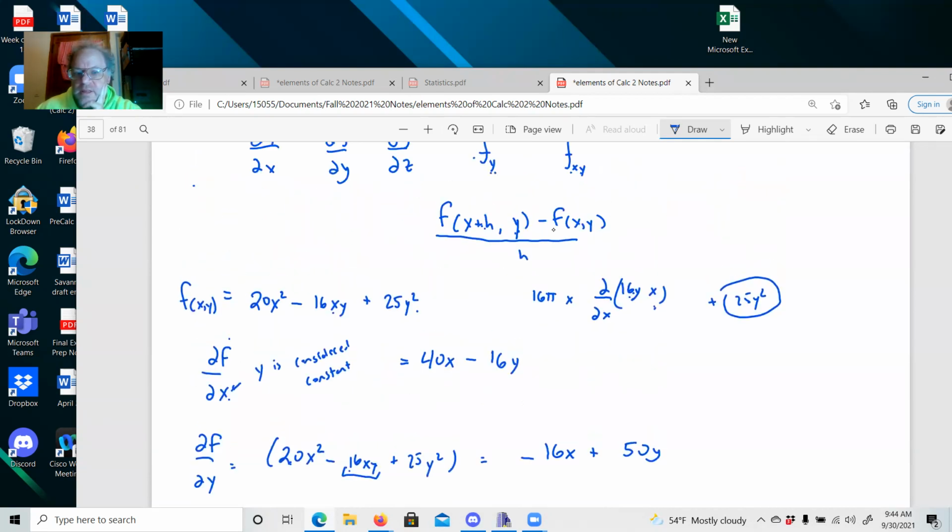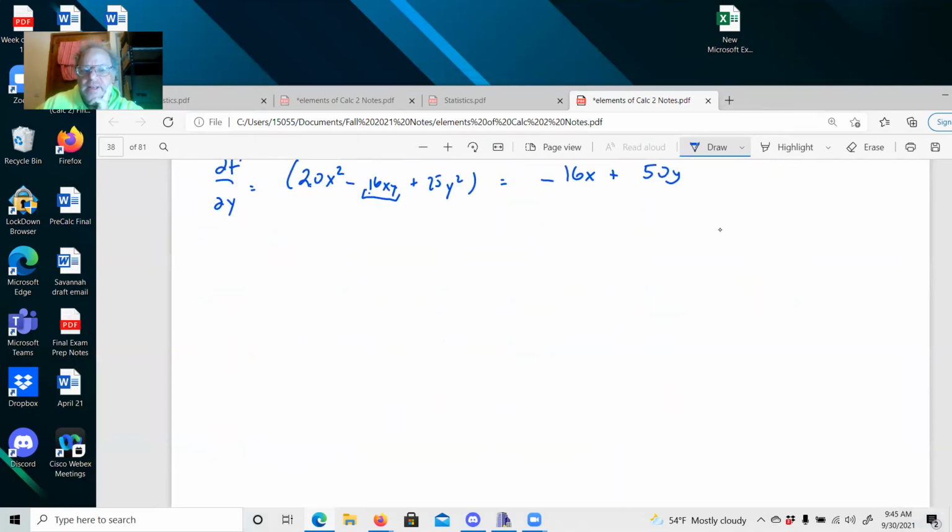Okay. Oh, we didn't have a z, did we? Oh, they just wanted to evaluate it at this point. Okay, so what is df by dx here? We just want df by dx. Okay, and this was 20x squared minus 16xy plus 25y squared.